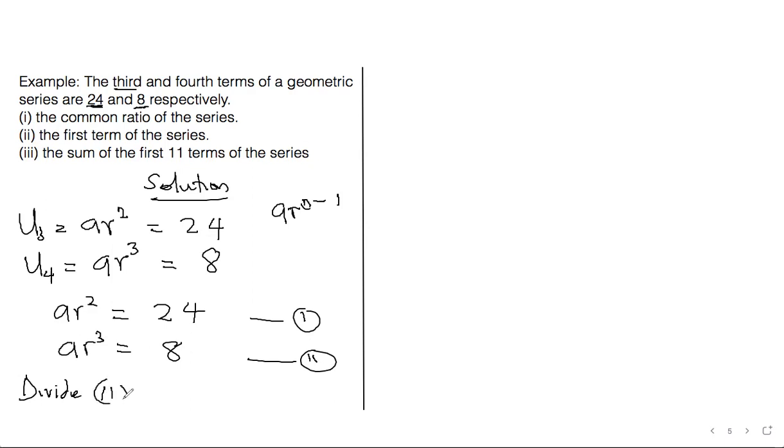So ar raised to the power 3 divided by ar raised to the power 2 equals 8 divided by 24. Basically I have equation 2 as the numerator at the top, and equation 1 at the bottom.